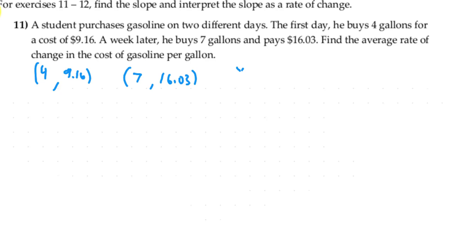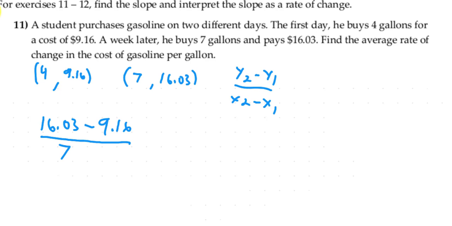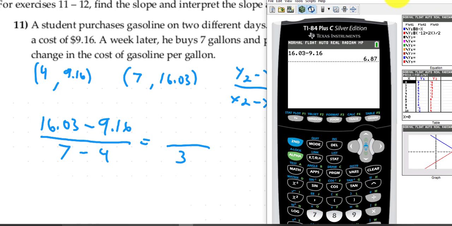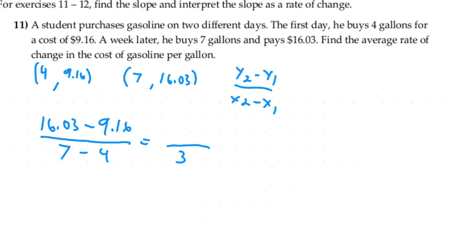So I would still do this y2 minus y1 over x2 minus x1 to get 16.03 minus 9.16, and I'm going to divide that by 7 minus 4. On the bottom we have 3. And if I pull out my calculator to do 16.03 minus 9.16, I get 6.87.